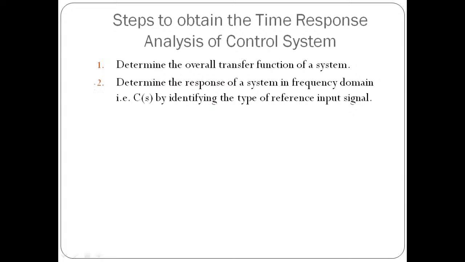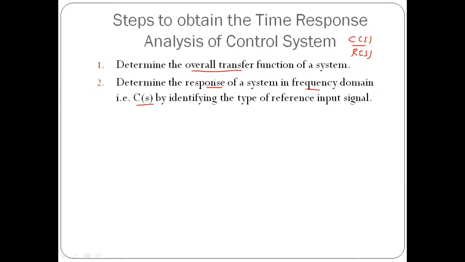And then step number 2, determine the response of a system in frequency domain. That means calculate the value of C(s) by identifying the type of reference input signal. So step number 1, find out overall transfer function, which is C(s) by R(s).